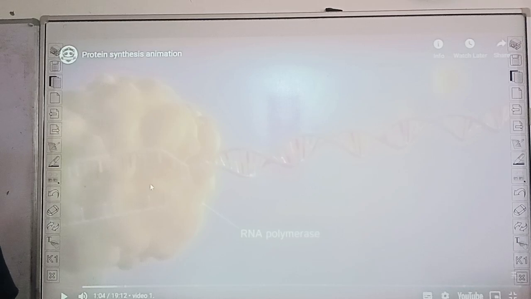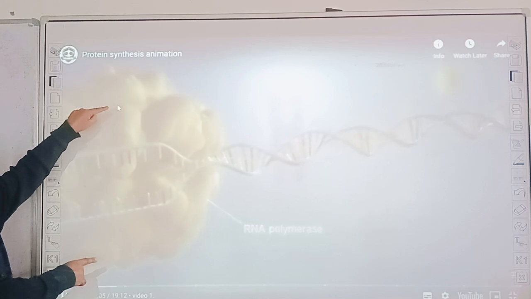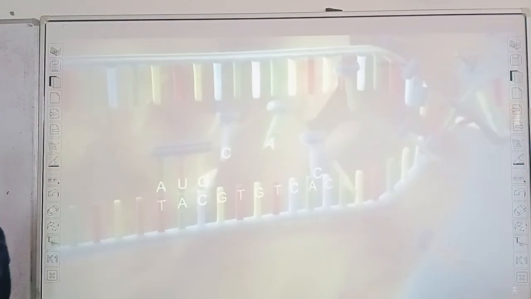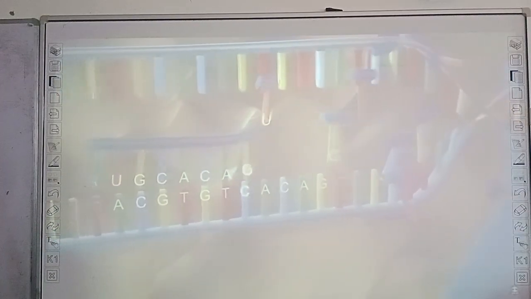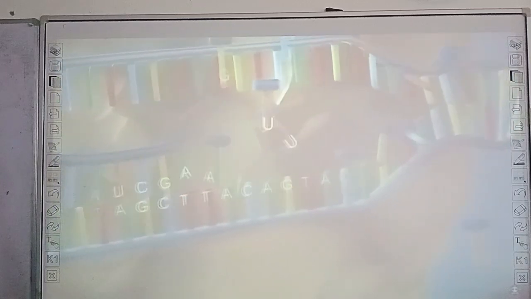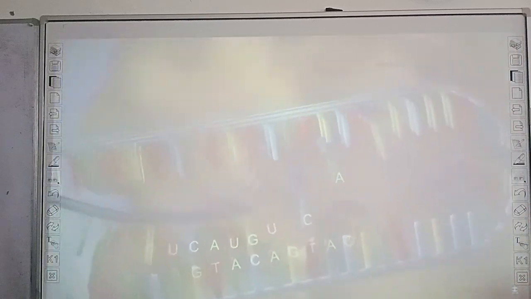Formation of RNA from DNA. RNA polymerase moves along the DNA, making a strand of messenger RNA out of free bases in the nucleus. The DNA code determines the order in which the free bases are added to the messenger RNA. This process is called transcription.